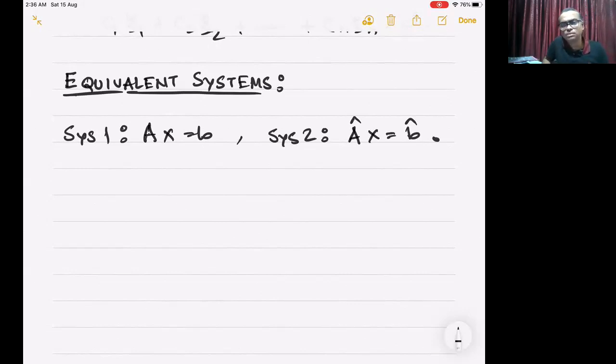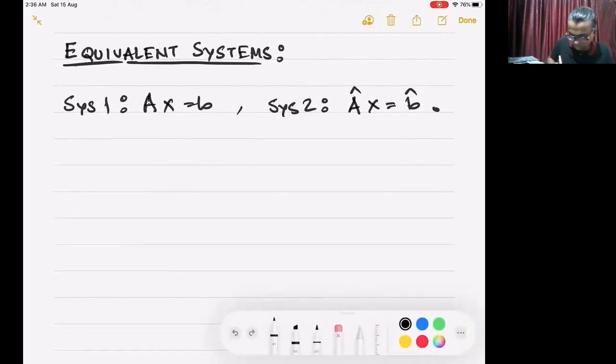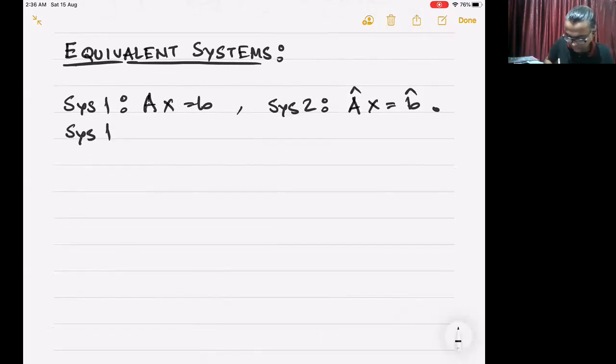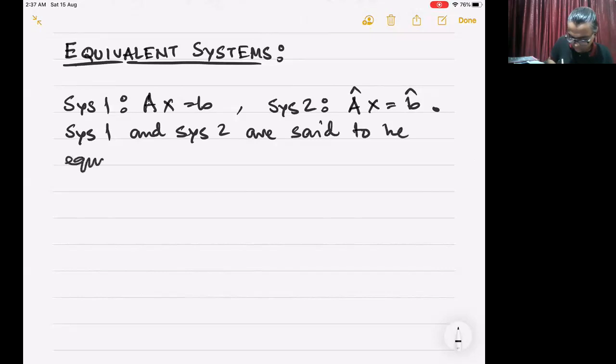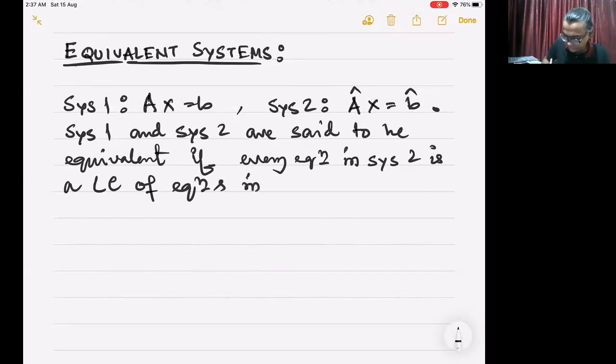Now, if I have these two systems, system 1 and system 2 are said to be equivalent if every equation, so notice carefully, every equation in system 2 is a linear combination of equations in system 1, and importantly vice versa.